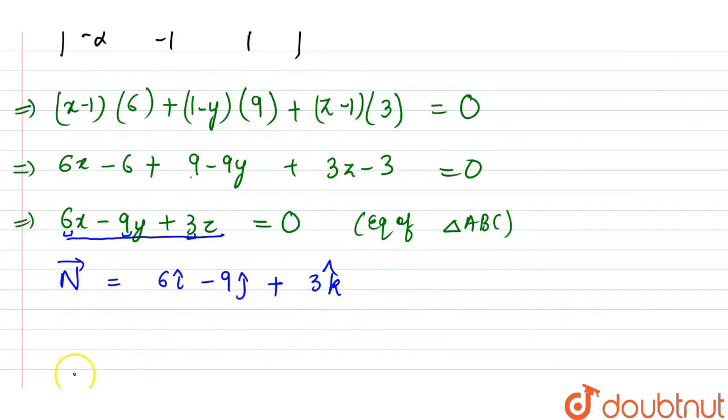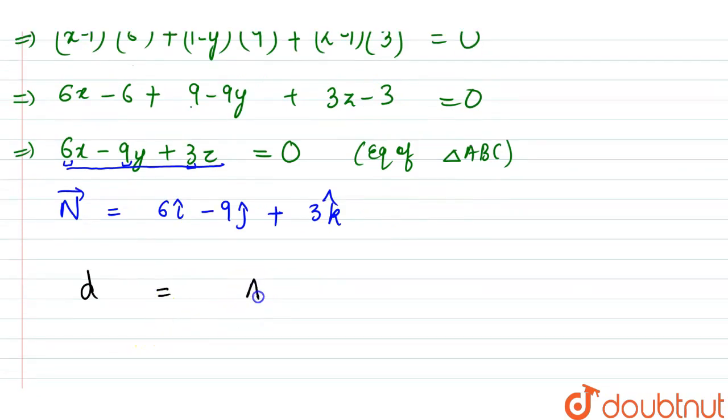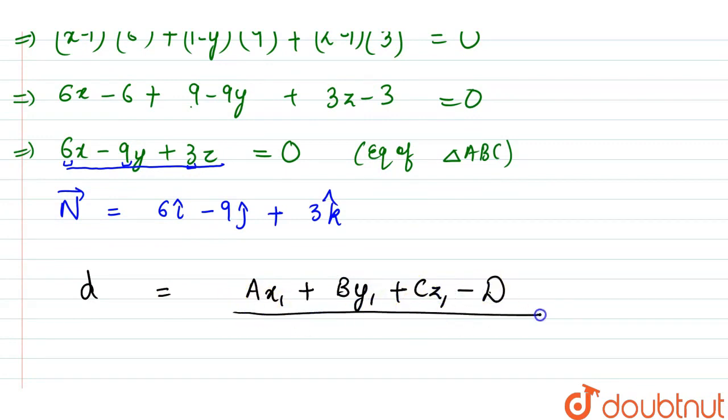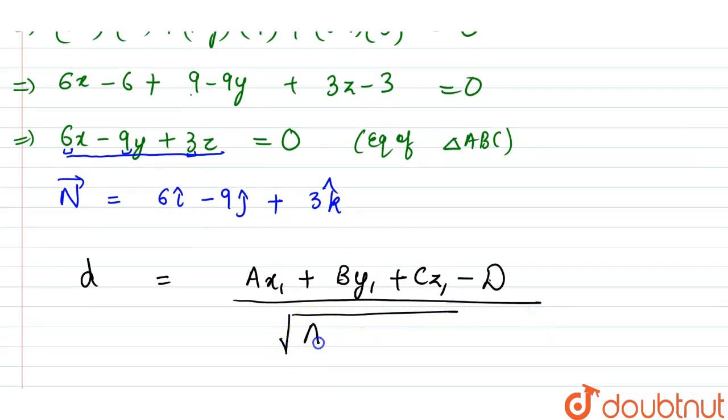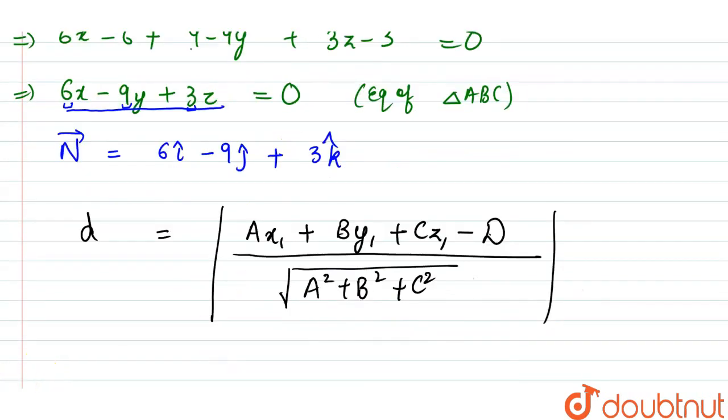The distance of a point from a plane is given as D equals (Ax1 + By1 + Cz1 - D) divided by under root A square plus B square plus C square, where Ax + By + Cz - D is the Cartesian equation of the given plane, and x1, y1, z1 denotes the point from which we want to find the distance to the given plane.